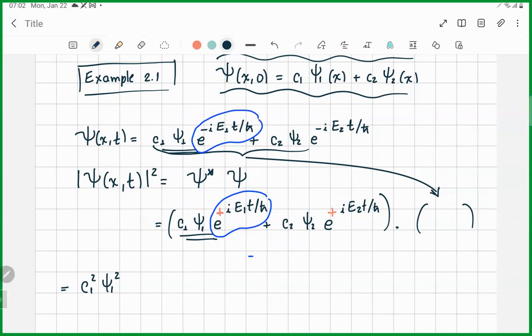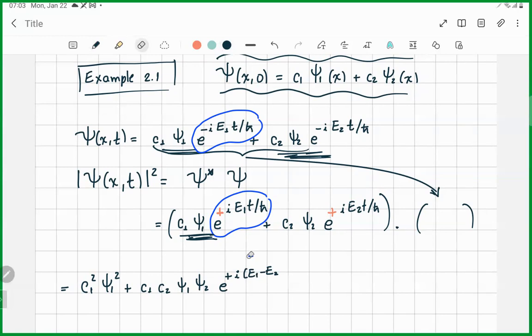Then comes this term multiplied by this one. Now we have C1 and C2, psi1 and psi2, and things do not cancel now in the exponential. So we have exponential of plus i (E1 minus E2).